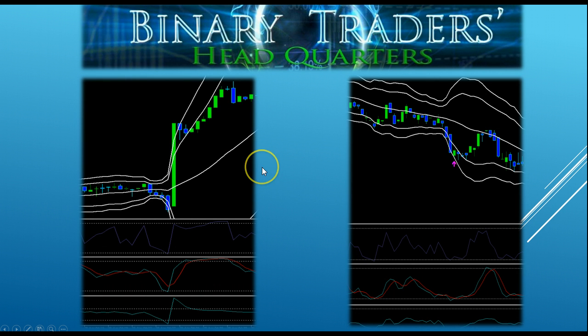So here's a perfect example. You can see you've got an arrow signaling for a call on a bullish candle, meaning the candle price is going up. Now this is a winner, and you can see it's not a large candle.